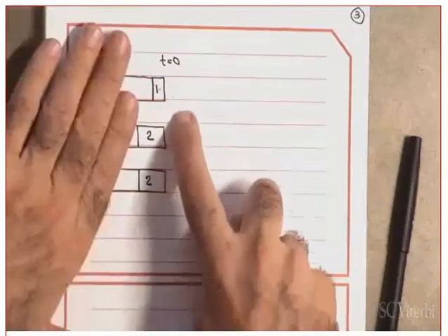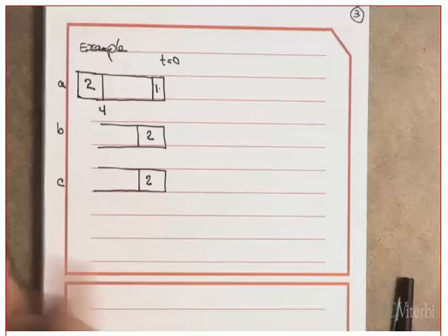Because what was the round number when this packet arrived? I know one thing for sure: when this packet arrived, the queue was empty. The first one has already finished. Did you understand? The first one is already done, but I don't know what the round number is when this packet came. He came at time equal to 4. I don't know what the round number is. Did you get this or not? Okay, so let's see if you can help me.